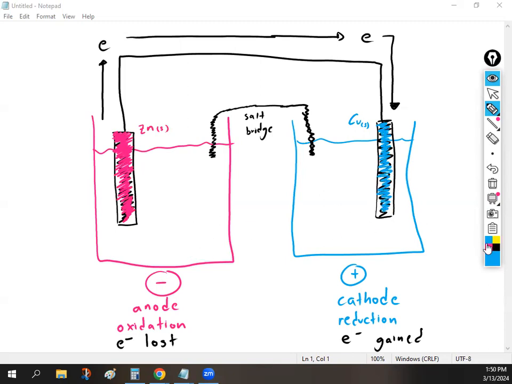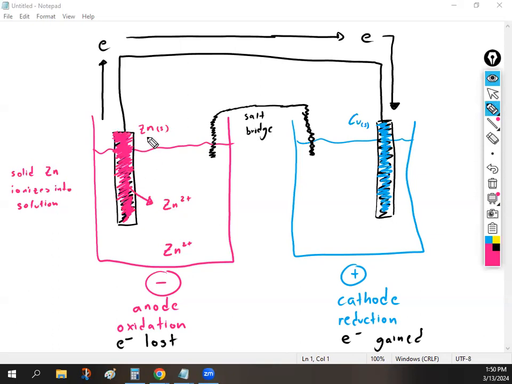Now, what happens at the anode is there's going to be zinc ions, so the same metal ions inside of that solution. And this is what happens at the anode. Basically, the solid is going to break down. It's going to ionize into the ion. Okay, so let's jot that down somewhere. In the anode, the solid metal, or I'm going to write solid zinc ionizes into the solution.